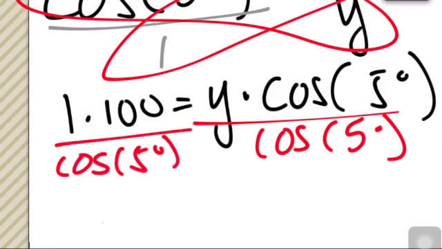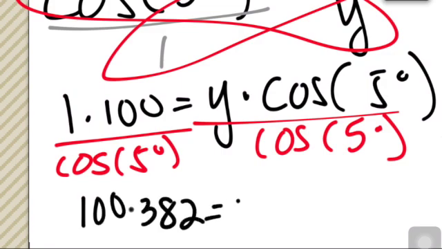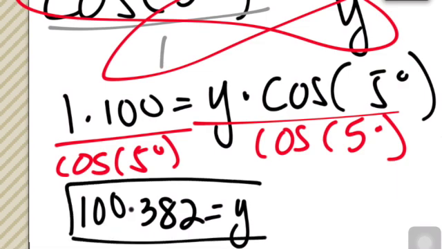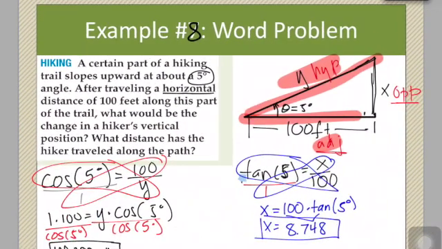And go ahead and plug this into your calculator. 1 times 100, that's 100. Then divided by the cosine of 5. And I got 100.382. Alrighty, and there we go.